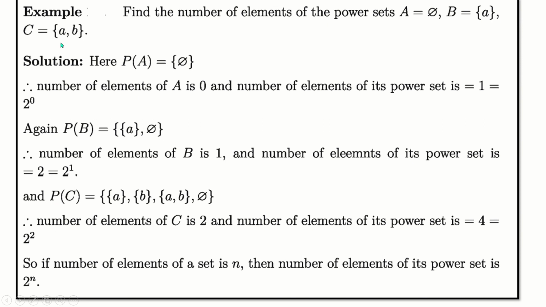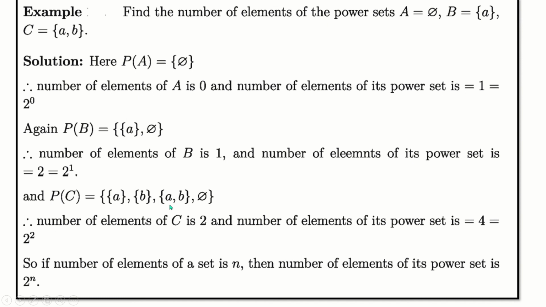And see here, the subsets of this set will be the null set, the set whose element is A, the set whose element is B, and the set whose element is A, B. That means total 4. And its set, this is the power set. That means this, and this, enclosed by the third bracket. You are bound to enclose this. Otherwise, that will be 4 sets.